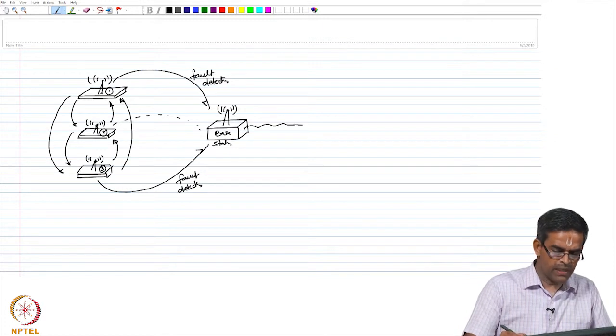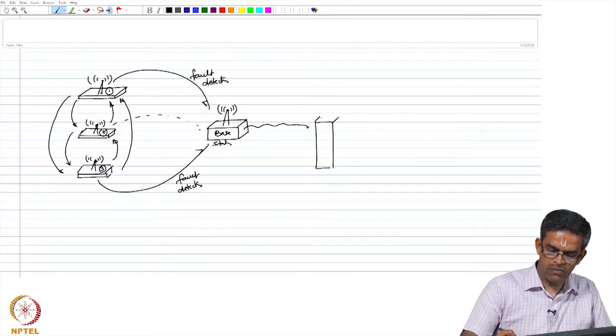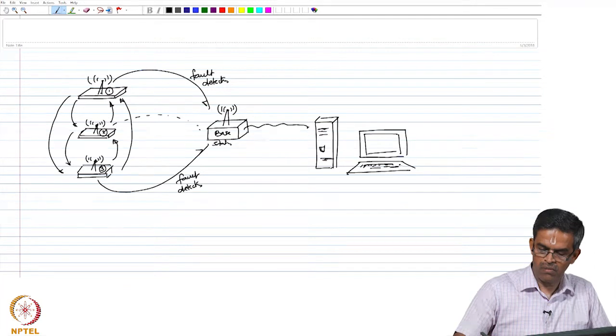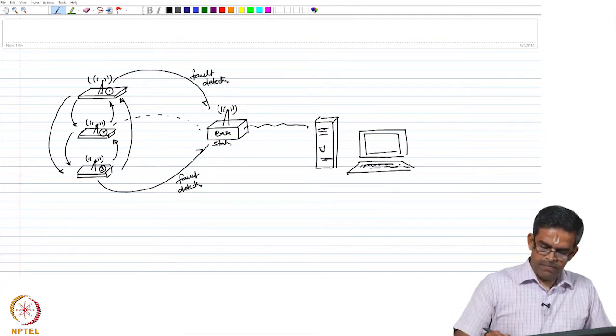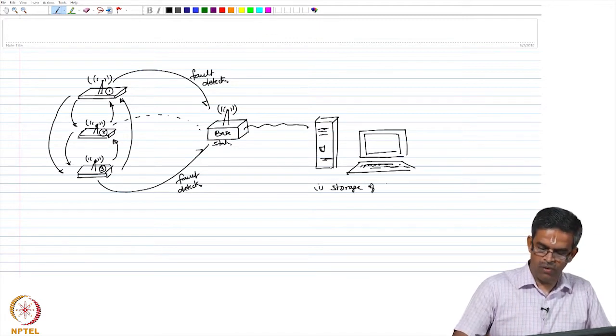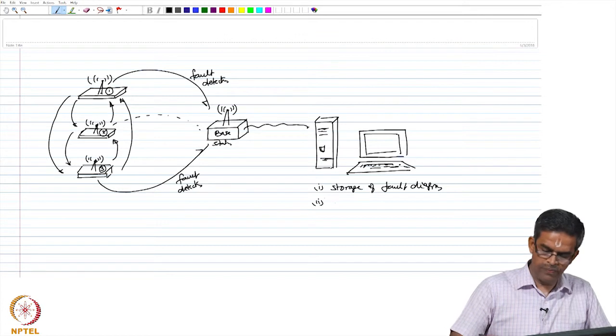Further, from the base station, it is communicated to the host computer, where storage of fault diagnosis happens. It also is used in decision making.